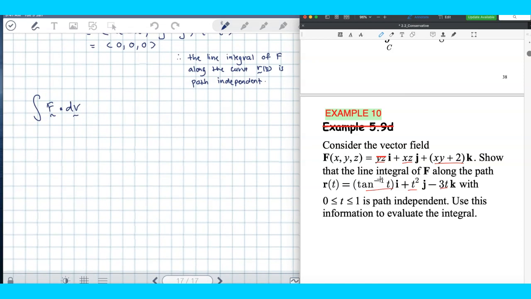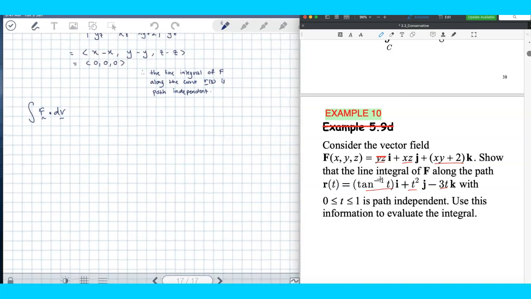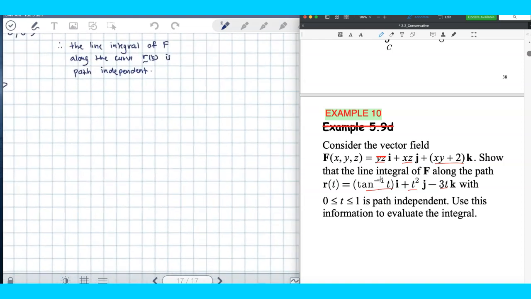Or we can use the scalar potential function.